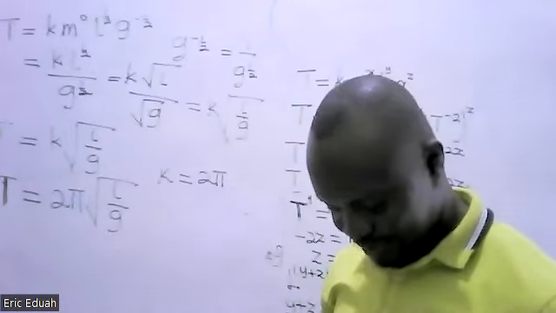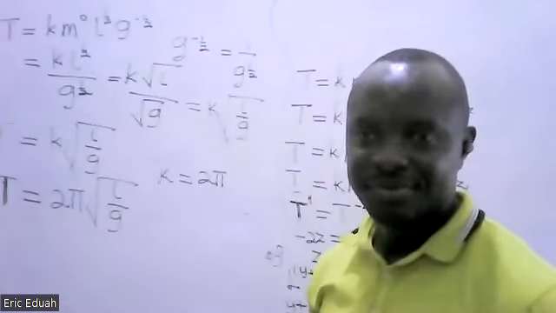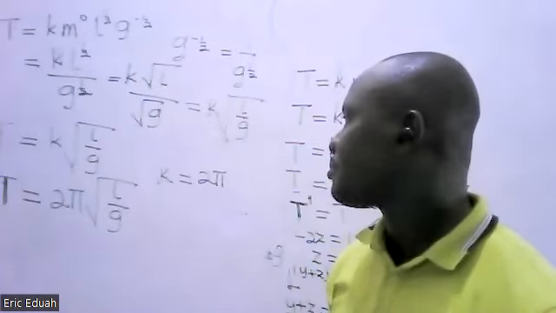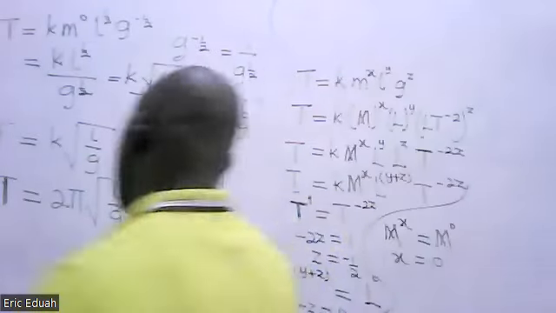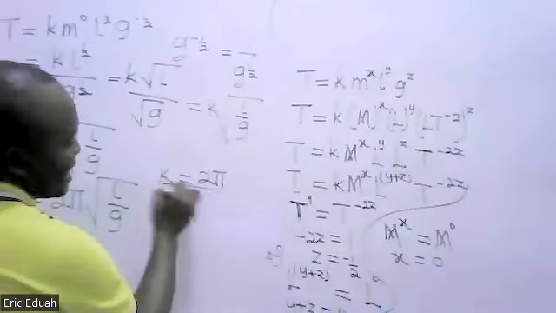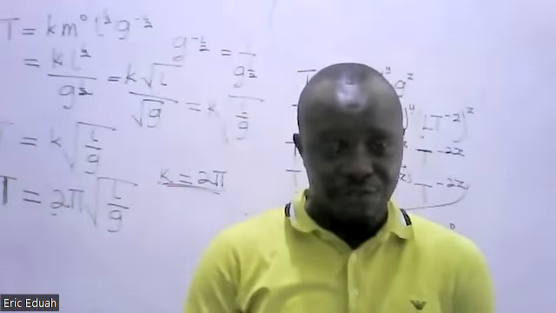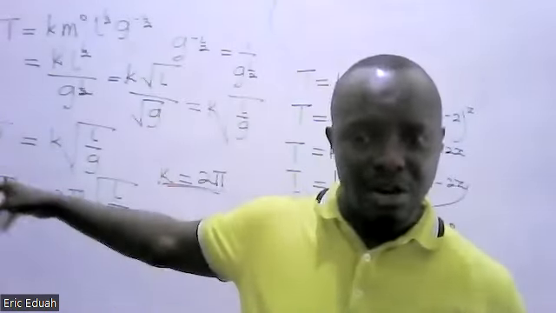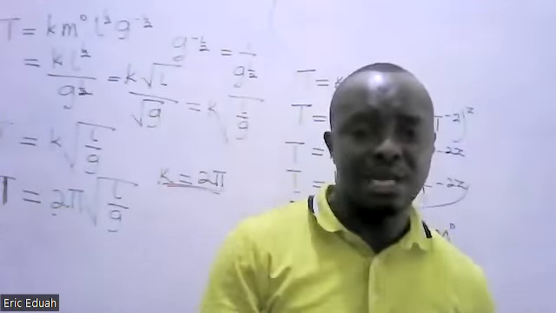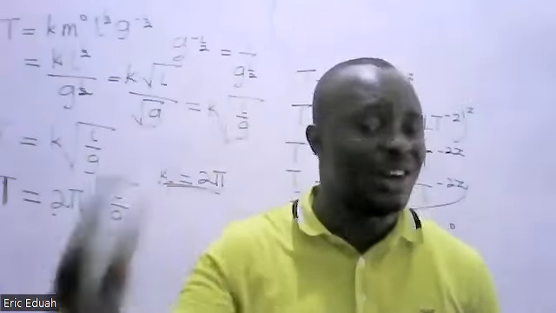Mr. Ada, please, why did you equate k to 2 pi? Yes, because I know this constant. I know this equation. It is the equation in physics connecting the period of oscillation of a simple pendulum to the length of the string and gravity.